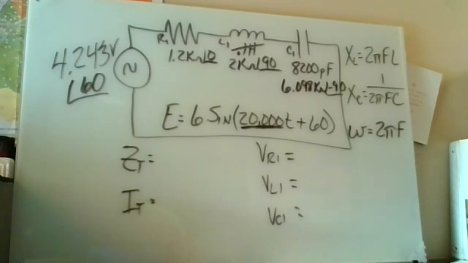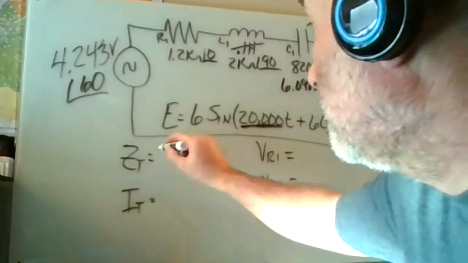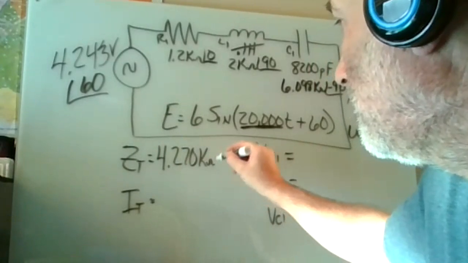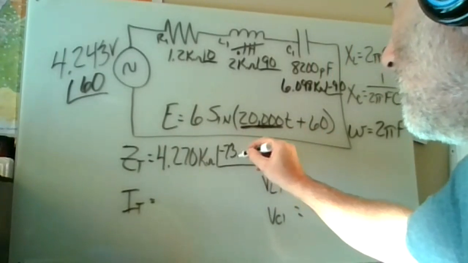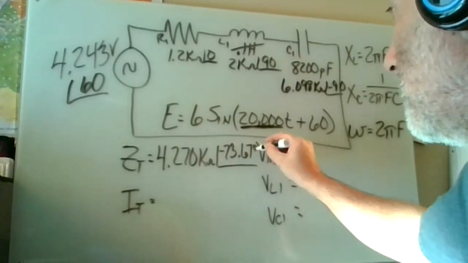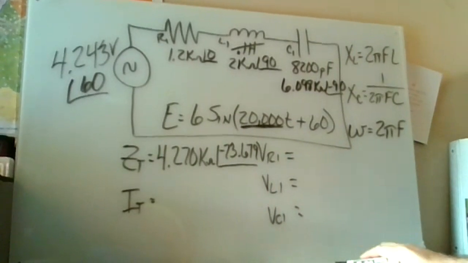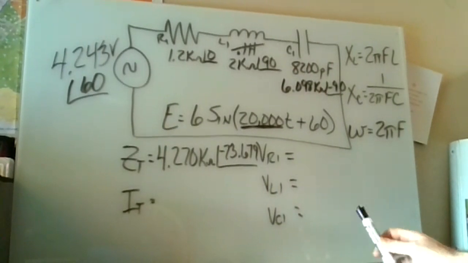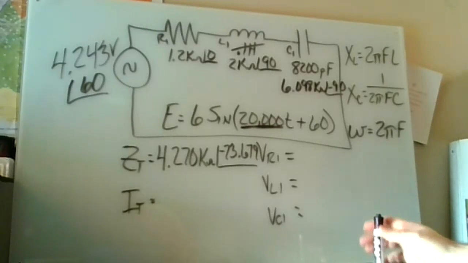So when I did that and I punched it in, I got 4.270 K ohms at an angle of negative 73.679. If you are off by a little bit on the angle or the ohms, that's fine.